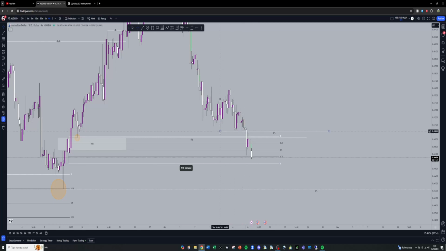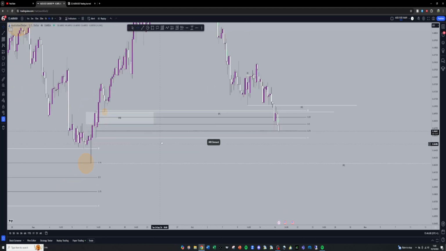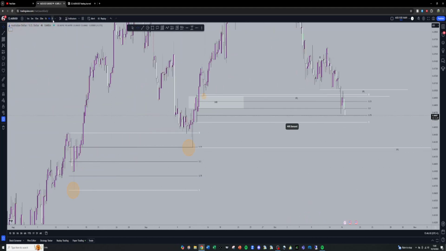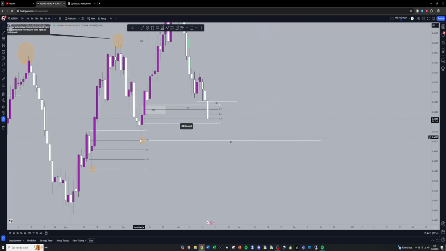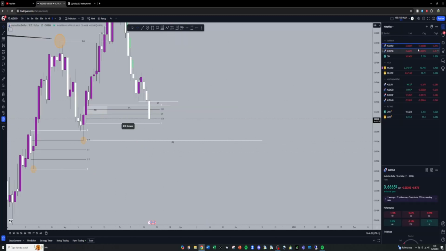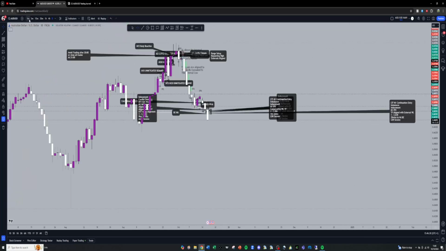Yesterday we closed just above this internal protected low here, and the new candle immediately started to break down, which for me showed that this 4-hour demand is acting as a draw on liquidity, and potentially this daily demand is too, because we've got liquidity in this wick on the daily, so we're technically drawing towards this internal protected low and this demand. So that's my higher time frame bias, hence why we were entering the shorts.